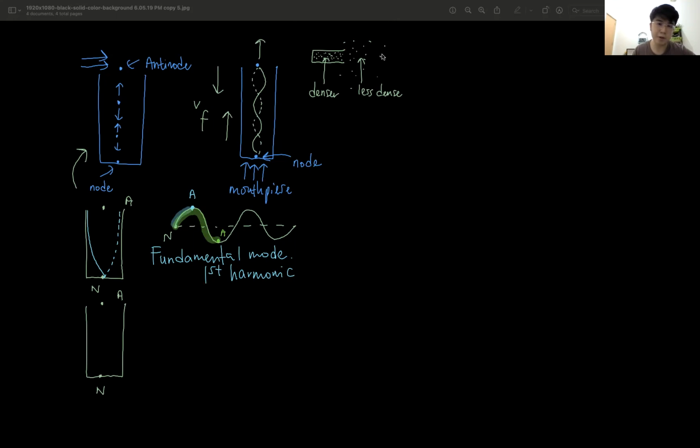So let's draw it here, like this, then like this. In the middle, we have one node. This is an antinode, and this is another antinode. This is the second harmonic.